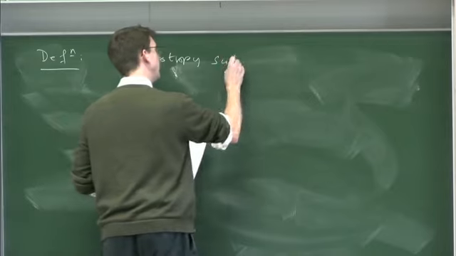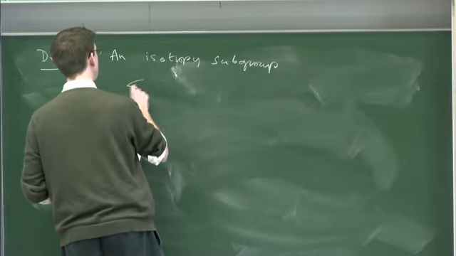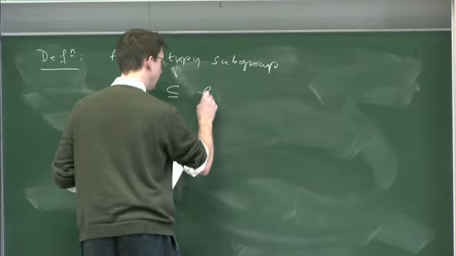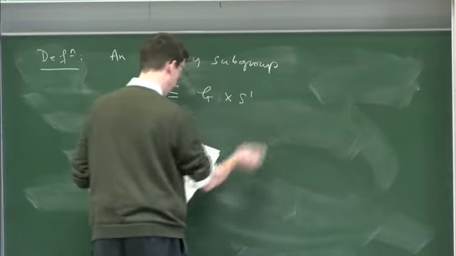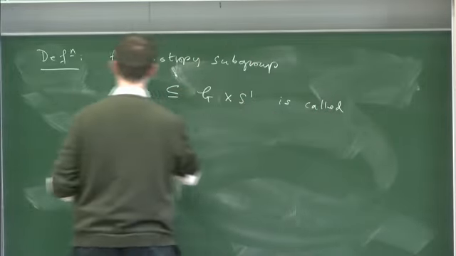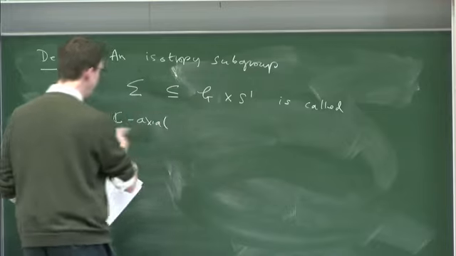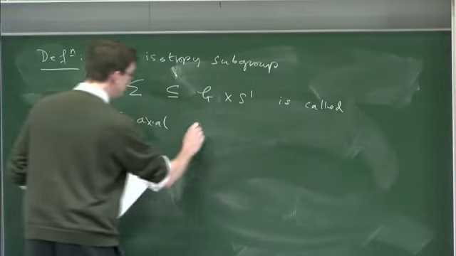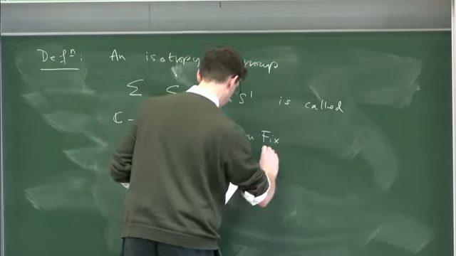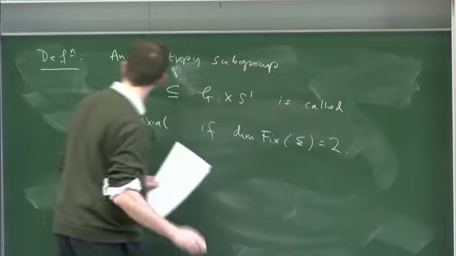So an isotropy subgroup sigma, which is going to be a subgroup of G cross S1, is going to be called C-axial if the dimension of the fixed point space is 2.